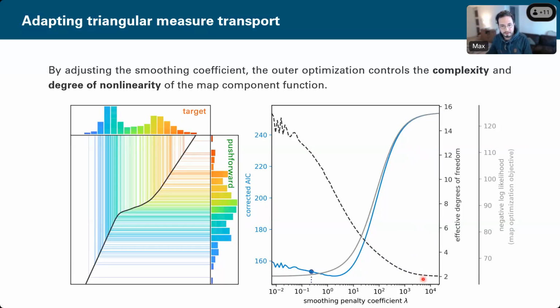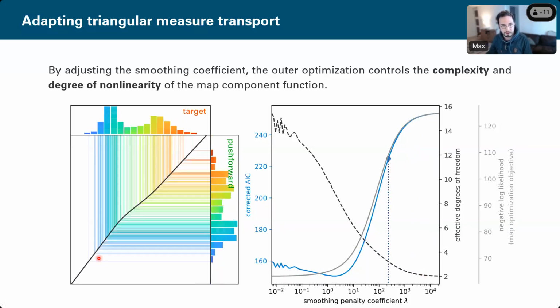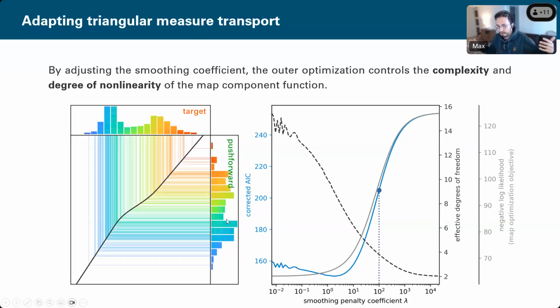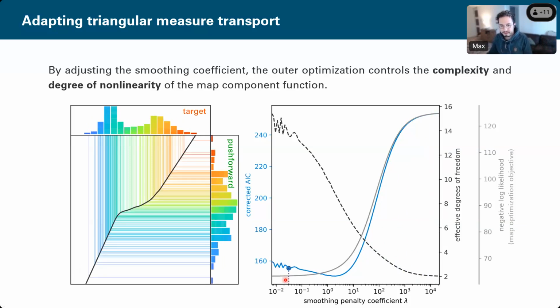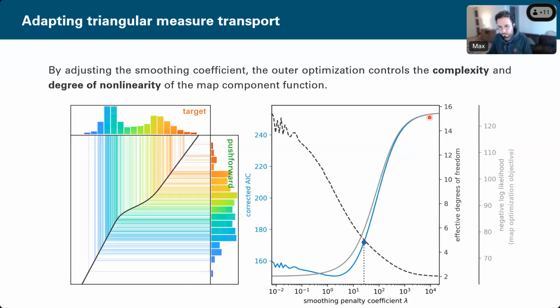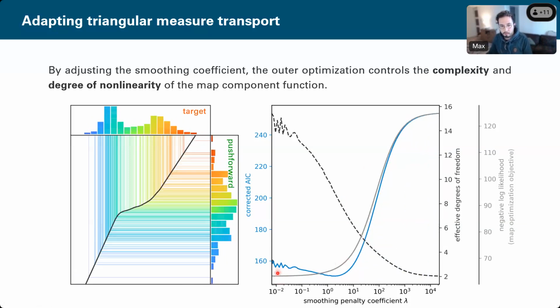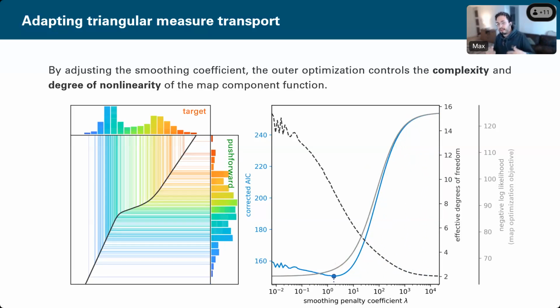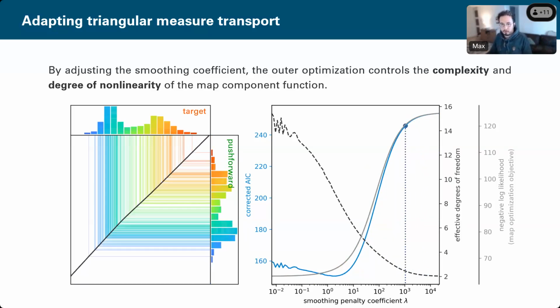But as we increase the smoothing penalty, the map has to become more and more linear, and the outcome, consequently, is no longer really standard Gaussian. You see that reflected here in the map optimization objective in gray, which is low when the nonlinearity is high, but becomes quite high when the map becomes more linear and fails to turn this into something Gaussian.